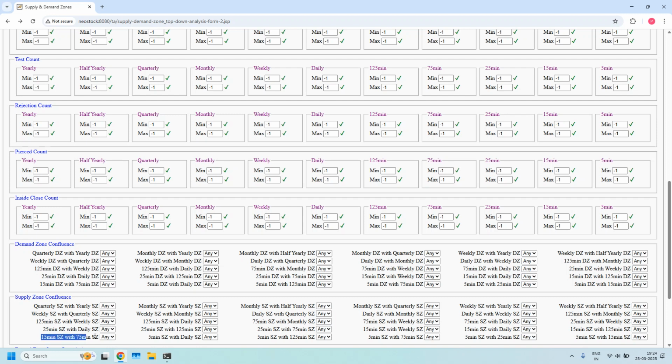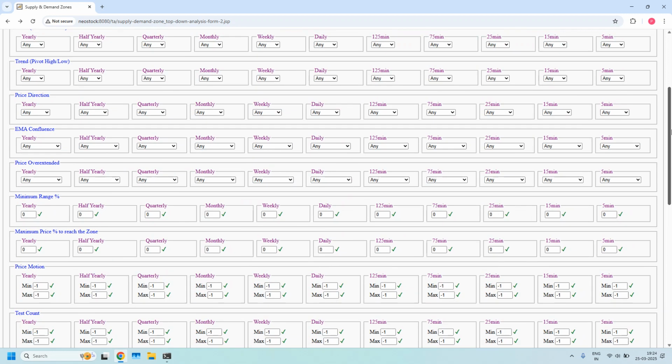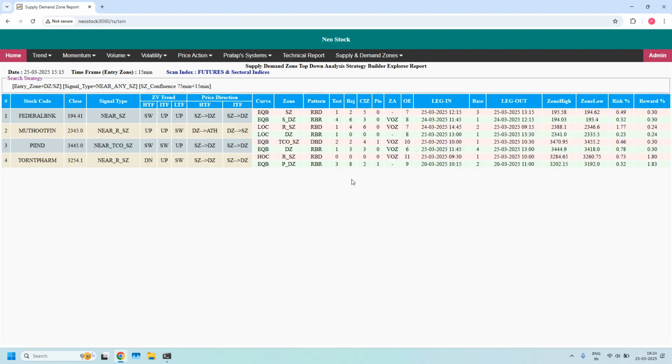So 15 minutes supply zone confluence with 75 minutes supply zone filter is enabled. With this filter, we got 4 stocks. Of these 4 supply zones, the third one is pierced, we can ignore it. So they are overlapped with 75 minutes supply zone. So this is about 15 minutes time frame.